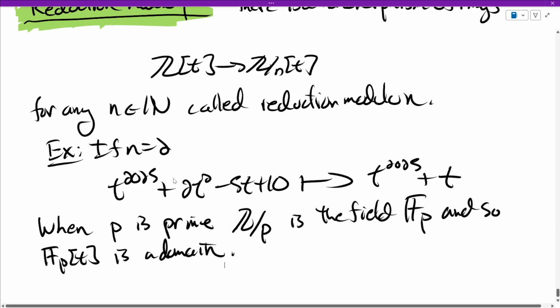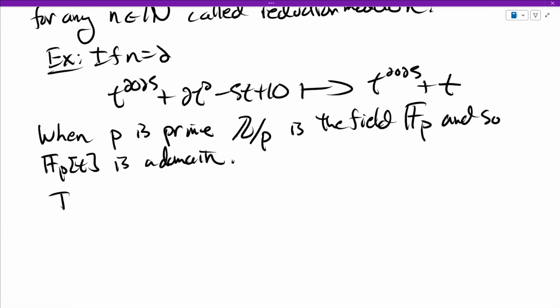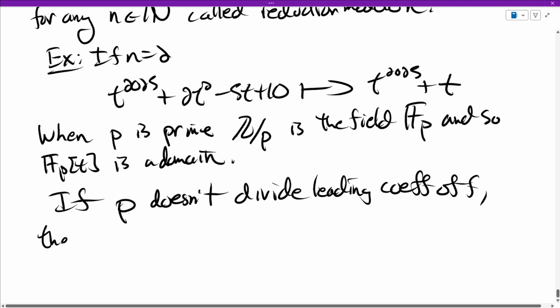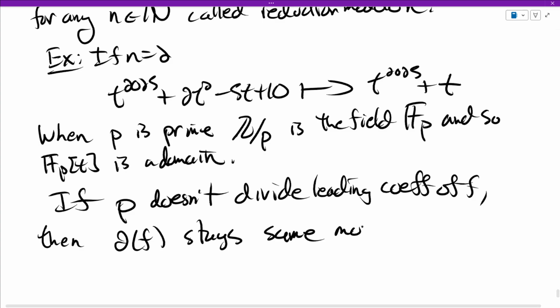All right, and let's notice something then. If P doesn't divide the leading coefficient of f, then the degree of f stays the same mod P. So for example, when n was 2 up here, 2 doesn't divide 1, of course, and so the degree stayed.